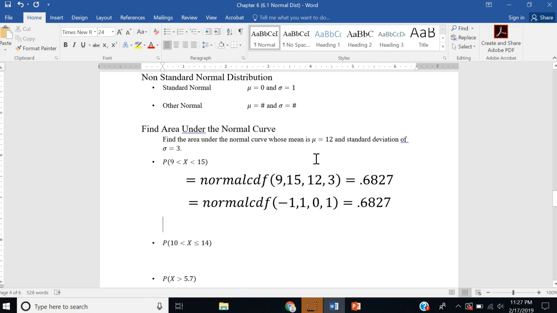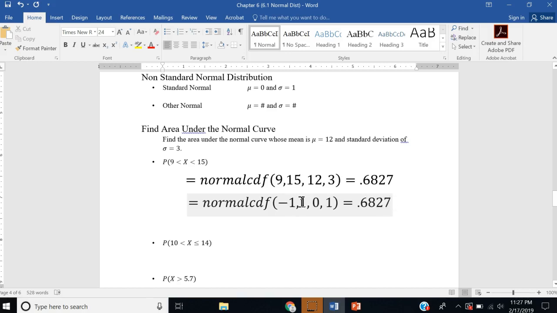One method the book will use, and many books will use this method, translates everything from x values into z-scores and then finds the probability based on z-scores.